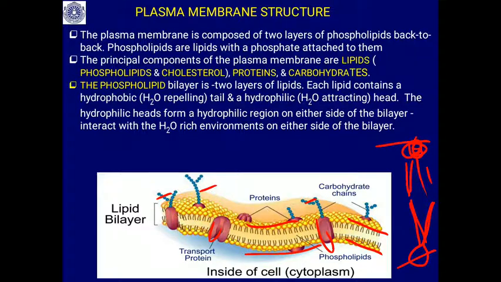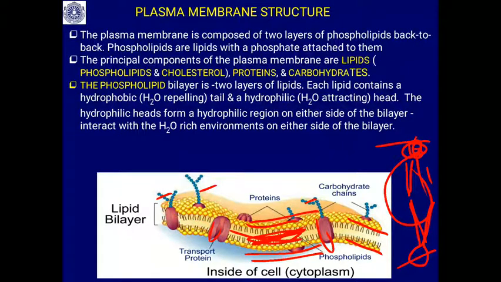Each lipid contains a hydrophobic, or water repelling, tail. This tail portion, which you will find in the middle part, is hydrophobic in nature, whereas the outside polar head is hydrophilic in nature. That is why it is called an amphipathic molecule.